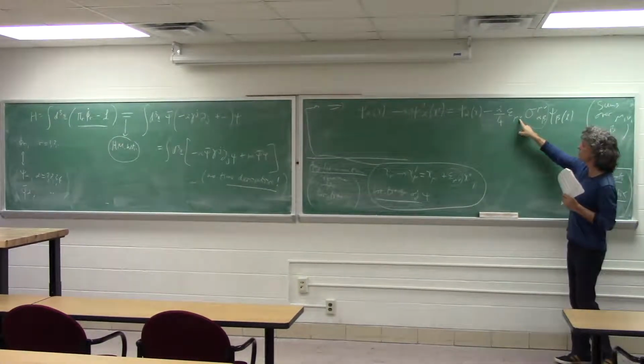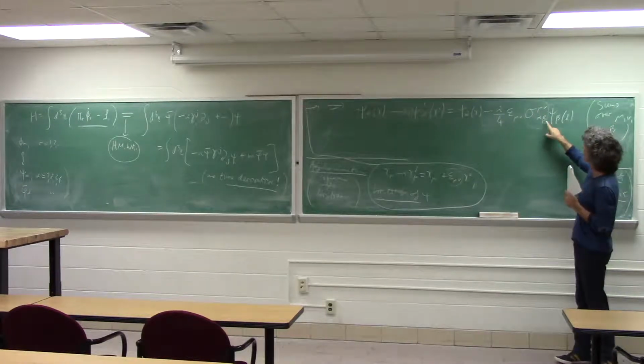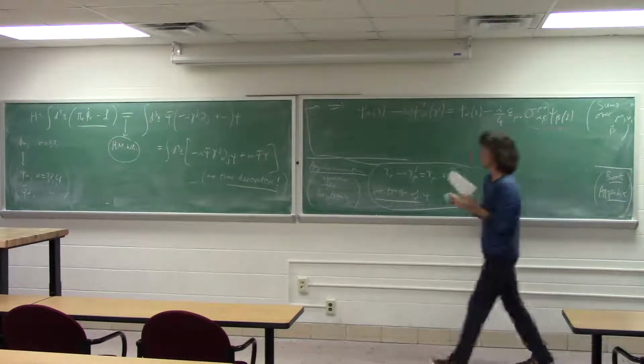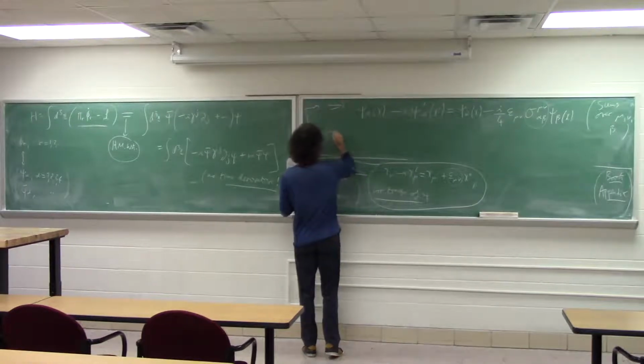So mu nu are space-time indices that go from 0, 1, 2, 3. Beta is a spinor index that goes from 1 to 4. All right. So what is sigma mu nu, what is this quantity?